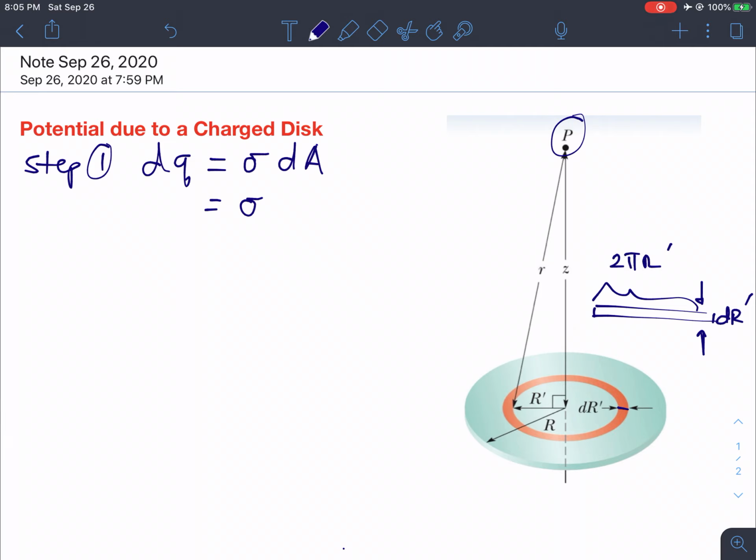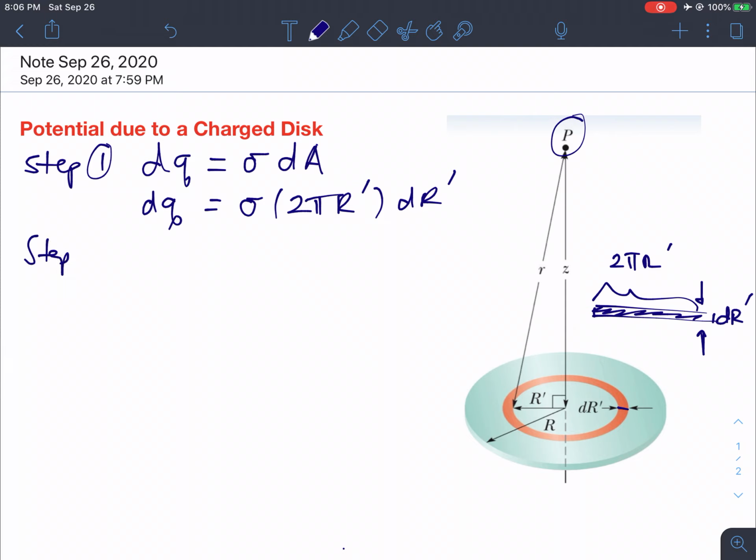So to find the area of that orange area, you can see it on the figure, that's a kind of rectangle, so we're going to do 2 pi r prime times dr prime. Okay, that's where that dA comes from. So dA is 2 pi r prime dr prime. So that's our infinitesimally small charge.